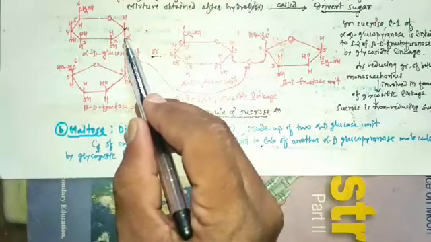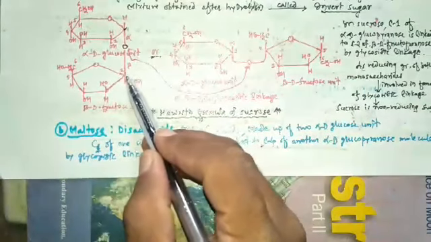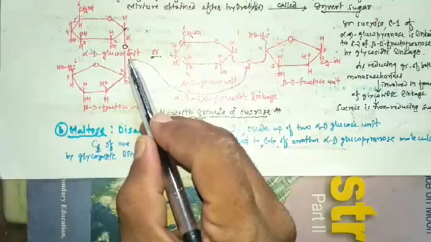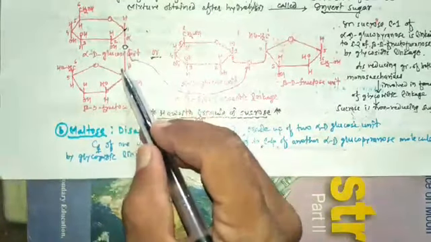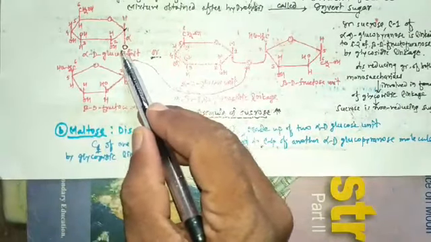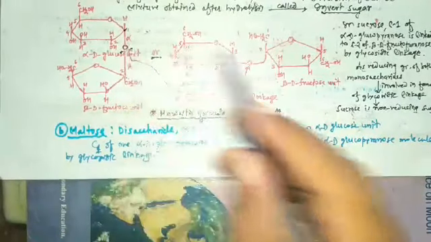Here there is an OH group, and on this side there is also an OH group. So loss of a water molecule takes place, and thus these two units are joined through this glycosidic linkage.